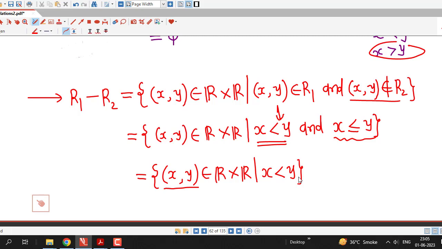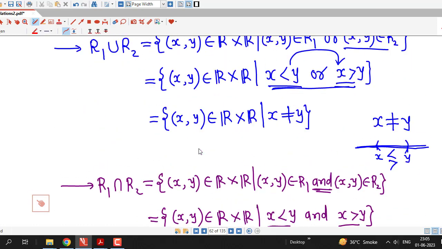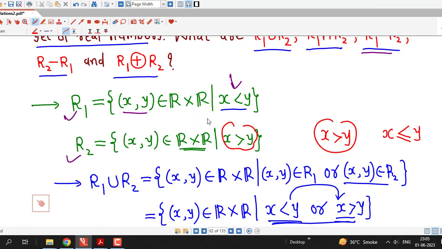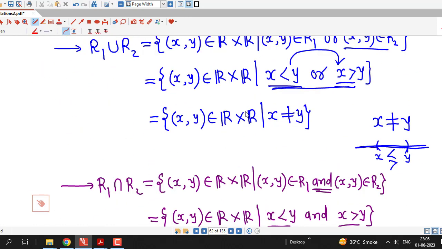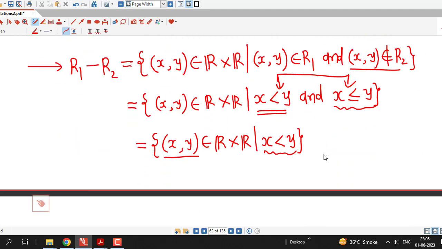If we consider both the conditions, x less than y and x less than or equal to y, then if I write x less than y here, both the conditions are satisfied. So this is R1 minus R2, and if we notice that R1 is nothing but x is less than y, so this is equal to R1.